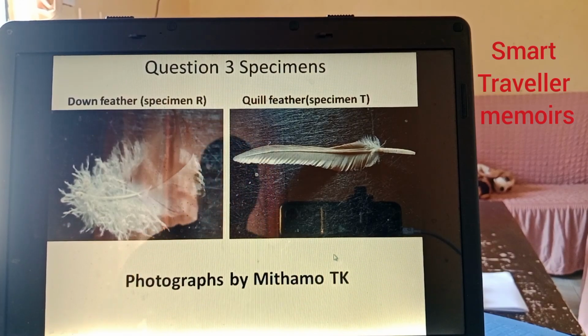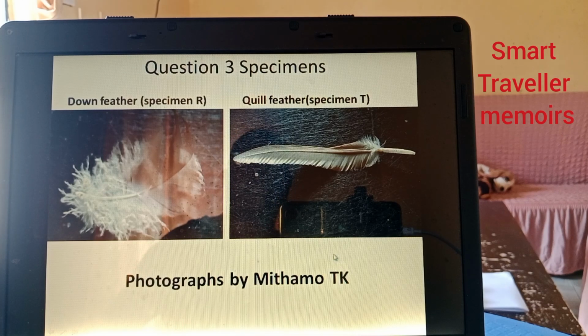For question 3, these are the specimens. You have a down feather, labelled specimen R. And then you have a quill feather, labelled specimen T. And the photographs were taken by me.